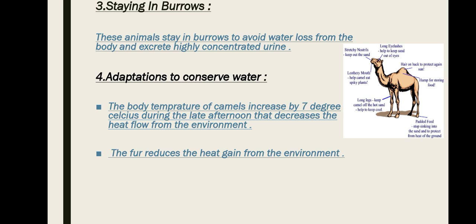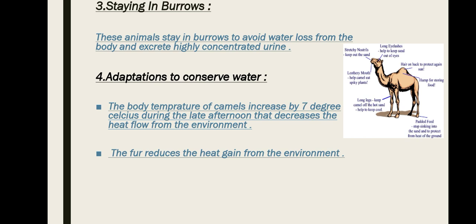Now we will study adaptations to conserve water in the body of camels. At the time of late afternoon, the body temperature of camels increases by 7 degrees Celsius. It happens in order to prevent the heat flow from the environment into the body of the camel, as it will result in water loss.